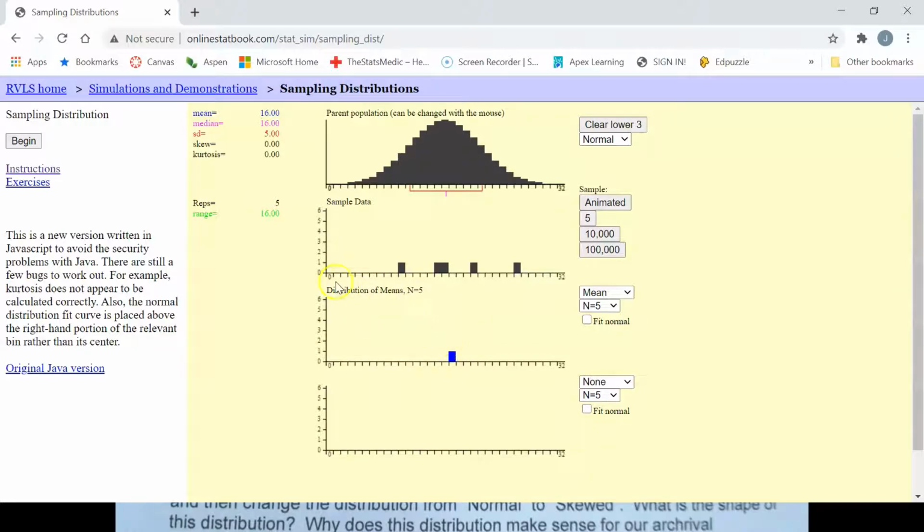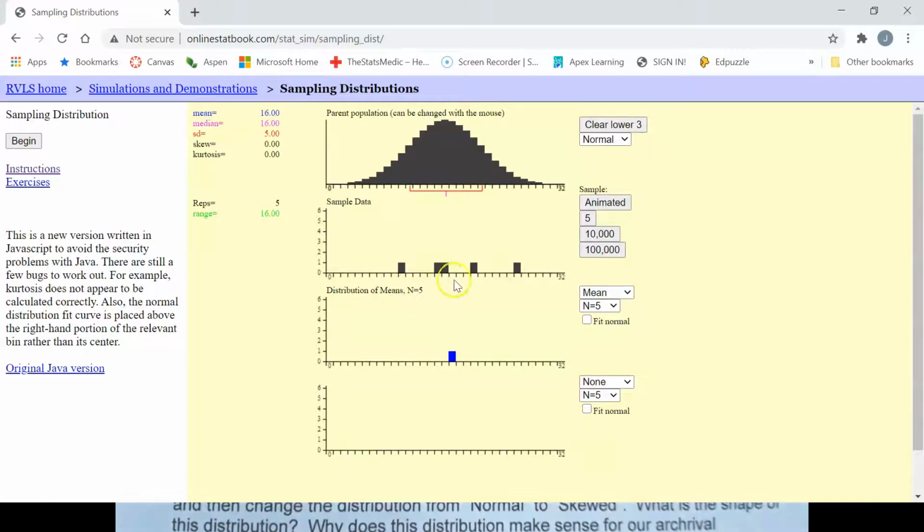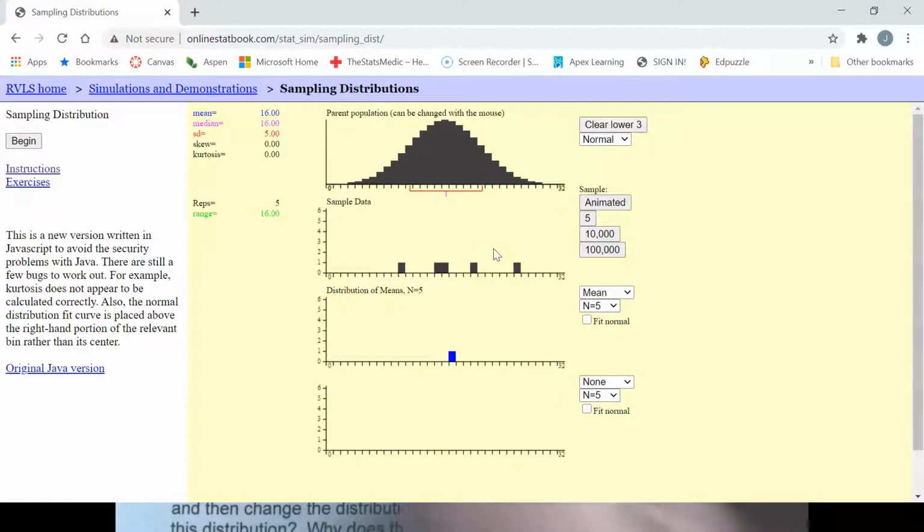Okay, so let's take a look at our numbers. That's 1, 2, 3, 4, 5, 6, 7, 8, 9. Looks like we have 10. And then 11, 12, 13, 14, 15, 16, 17, 18, 19, 20, 22, 23, 24, 25, and 26 was our sample.